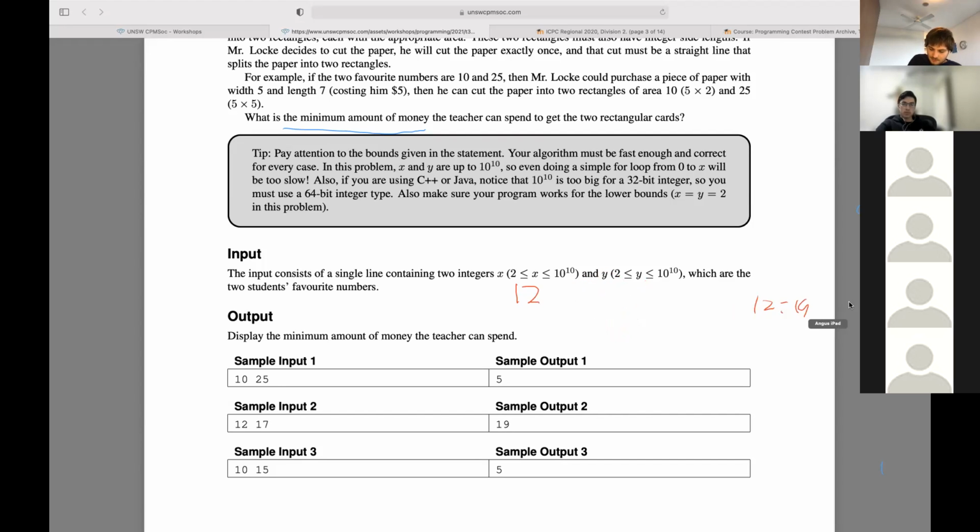Another option would be to buy a piece of paper that is 29 by 1 and cut it into 2 pieces of paper with one is 12 by 1 and one is 17 by 1. This is certainly cost 29, which is certainly much more expensive. So the first option was a lot better than that.